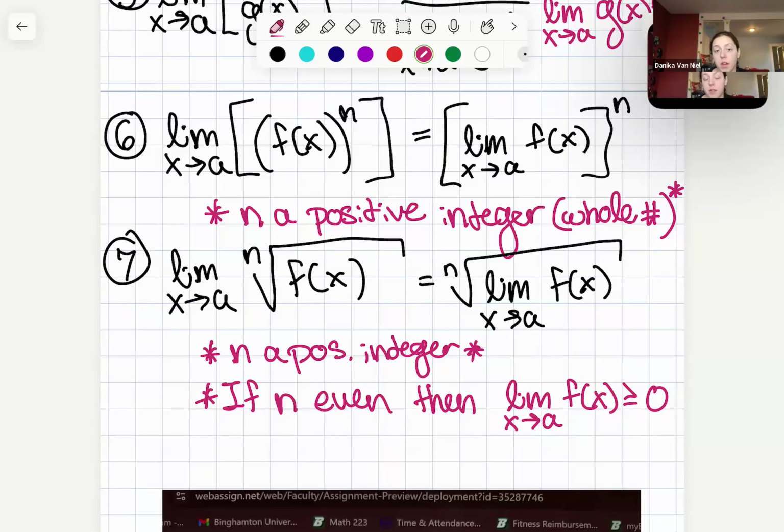But we don't usually get problems like that. Definitely not on an exam, and I'm not going to give you a question like that on a quiz where it's a trick question because the limit of the inside was negative and you're taking the fourth root of it, so you can't actually bring it in.